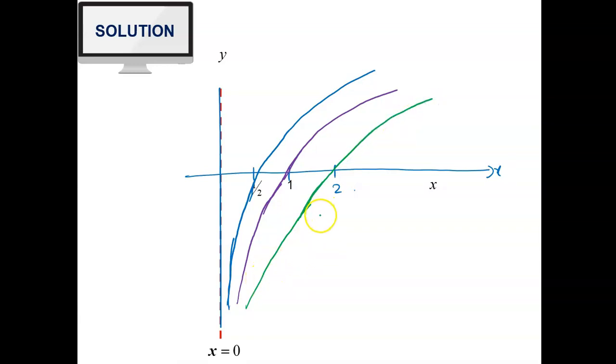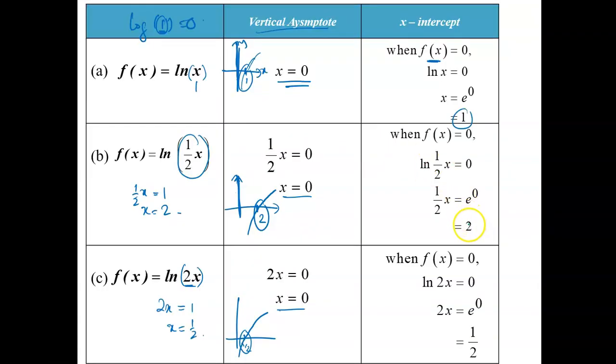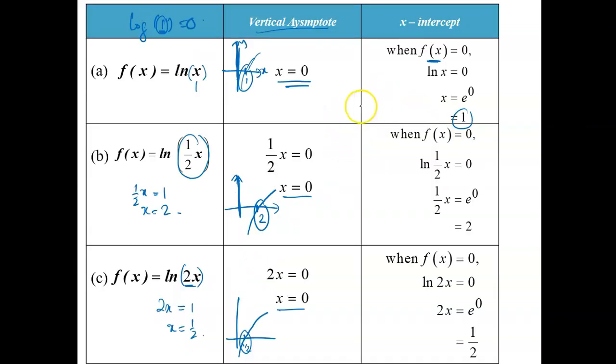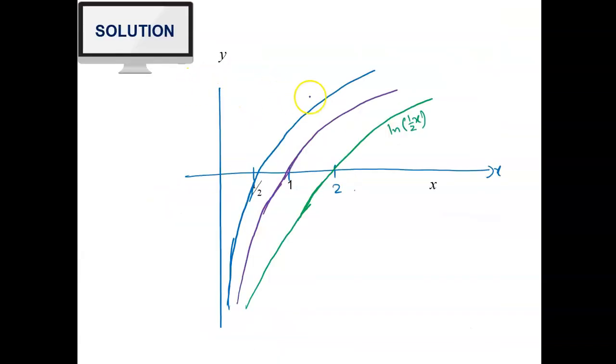The one that intersects at 2 is ln of half x, this is the natural log of 1 over 2x. And this one, the purple, intersects at 1, which is the natural log of x. And the last one here is the natural log of 2x.